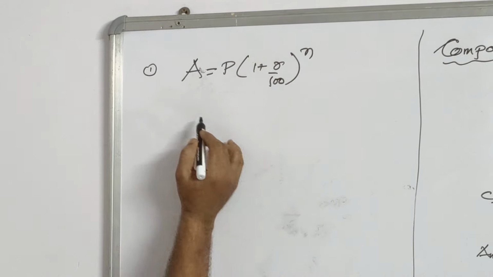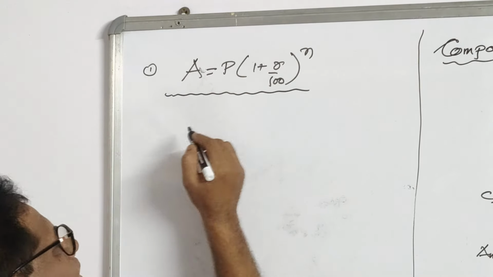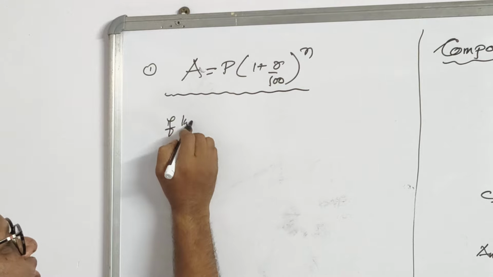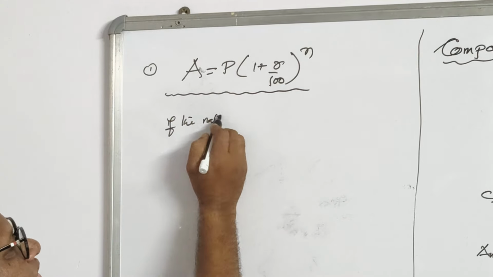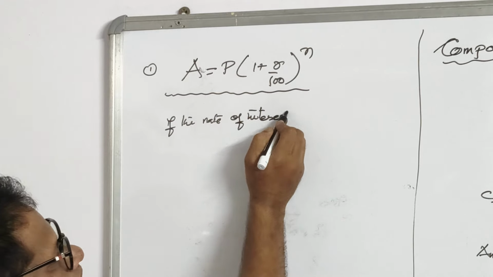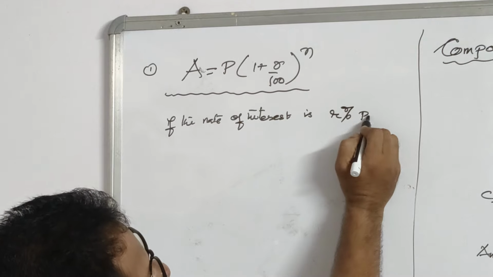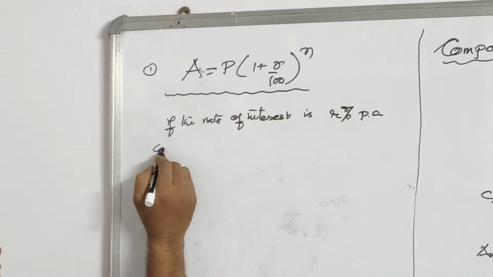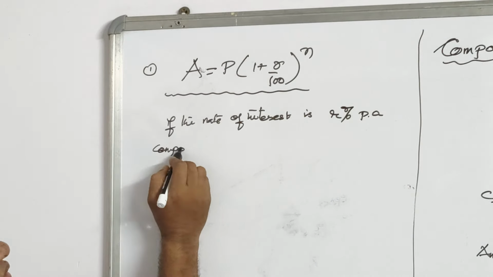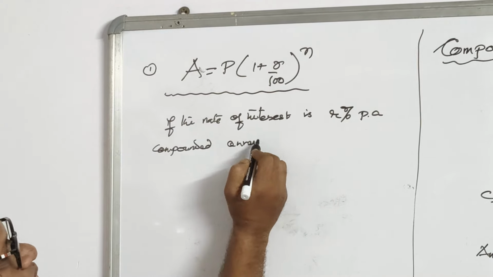This is applicable if the rate of interest is r% per annum compounded annually.